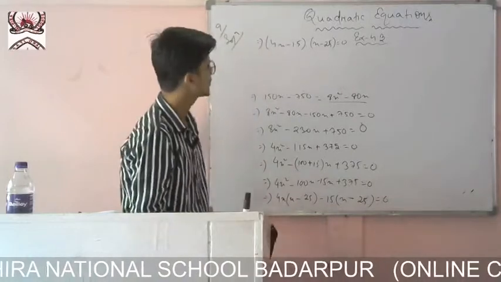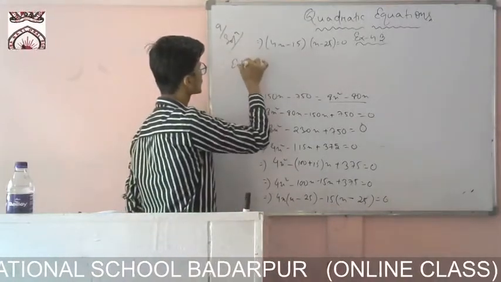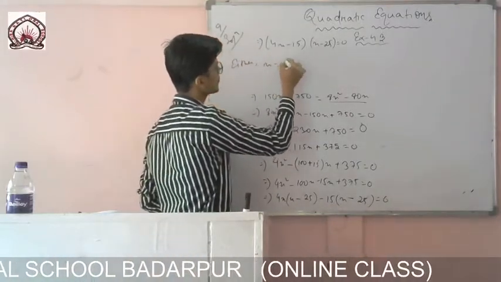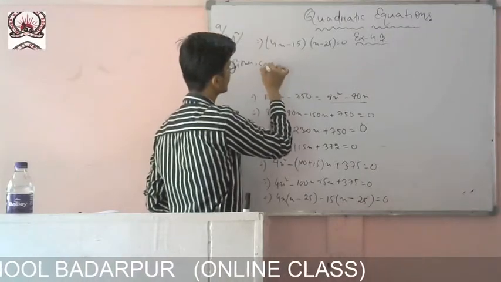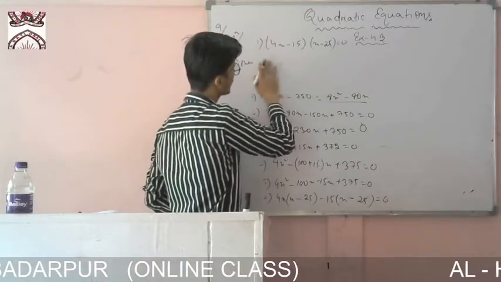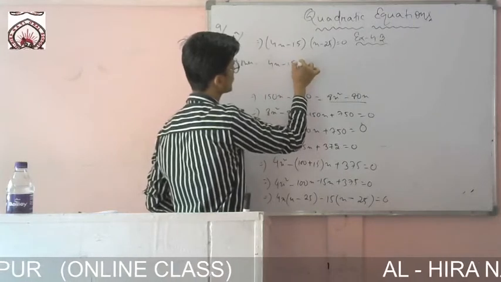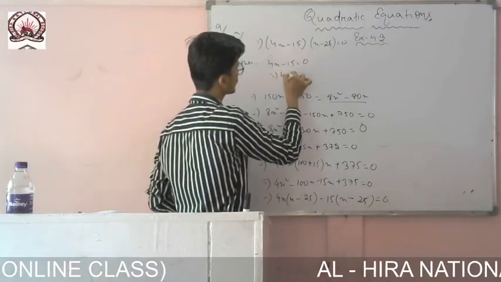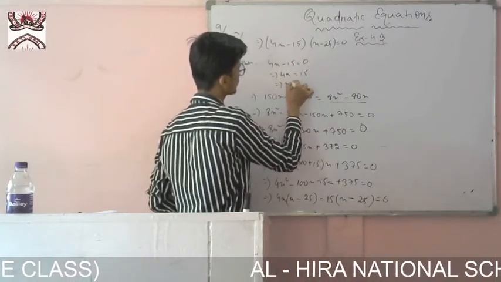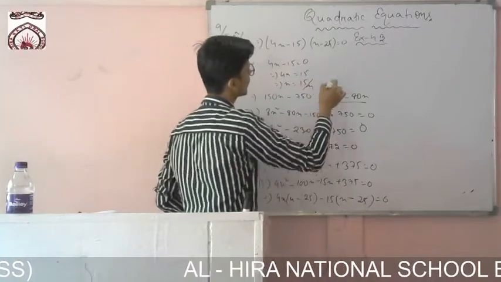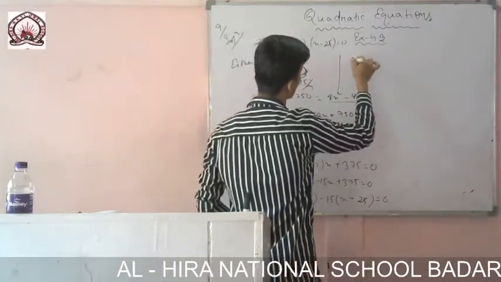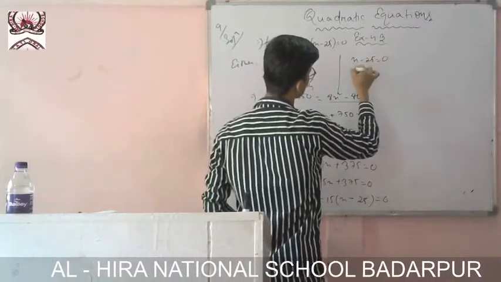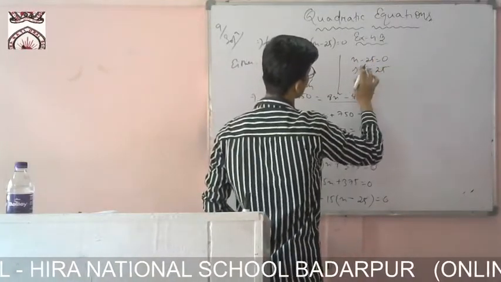So either 4x minus 15 will be equals to 0, 4x will be equals to 15, x will be equals to 15 by 4, and this one x minus 25 equals to 0, x equals to 25.